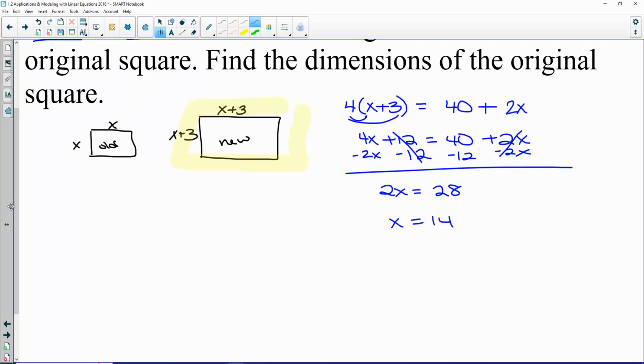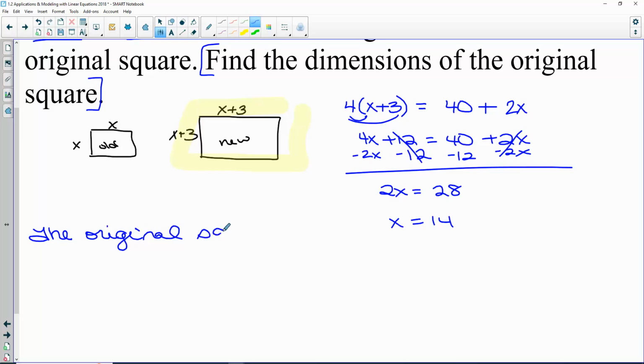Am I done? No. What is the very last step? Step 5. Answer in a sentence. So let's look back. We have to answer the question. I want the dimensions of the original square. What do I mean by dimensions? How long each side is. Good.